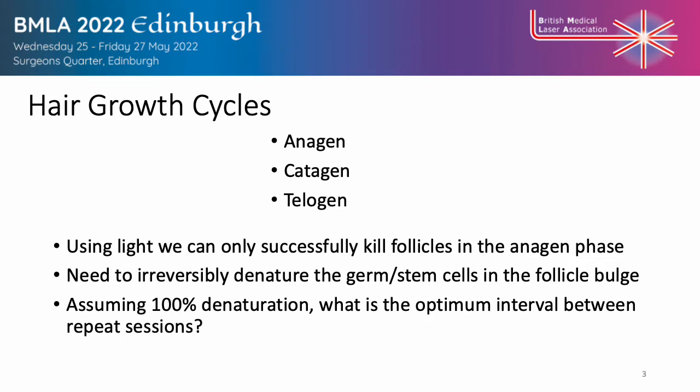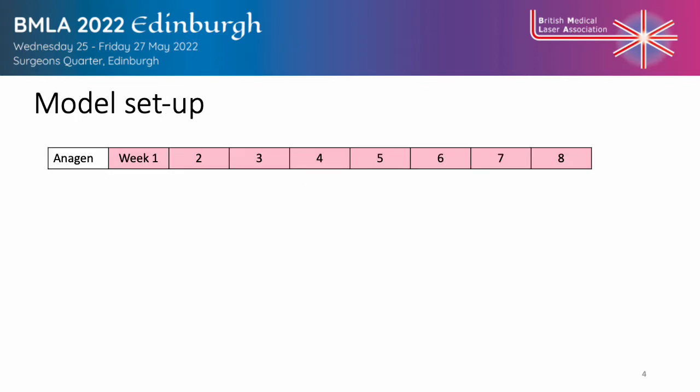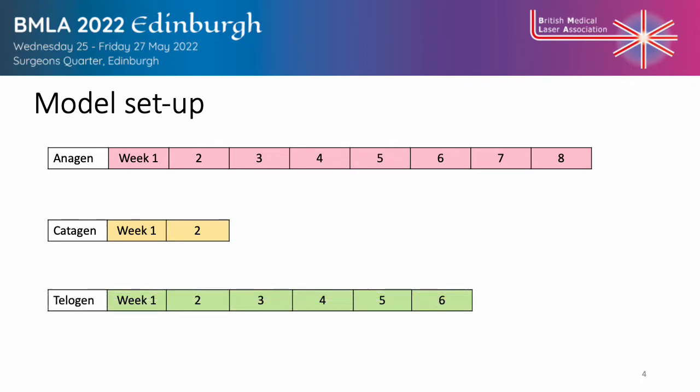between repeat sessions? So I set up a little model using Microsoft Excel, and I chose a number of cells like this. For anagen phase hairs, I chose a nice lovely pink color. For catagen, a sort of beigey yellow color, and for the telogen phase, green color.